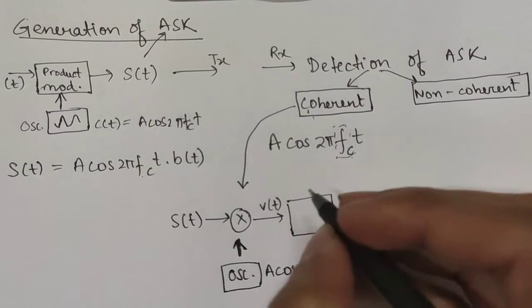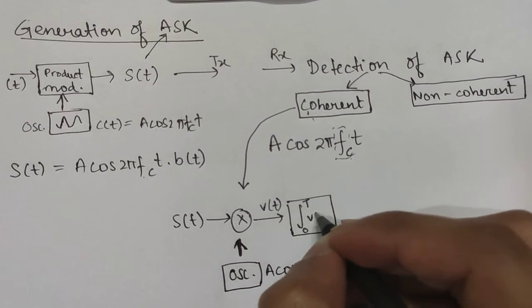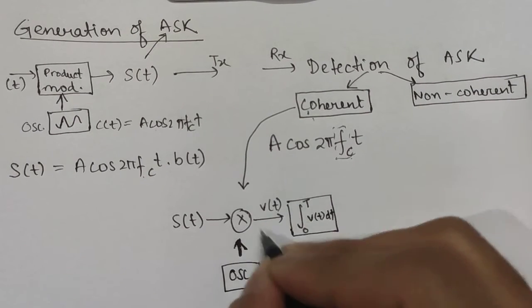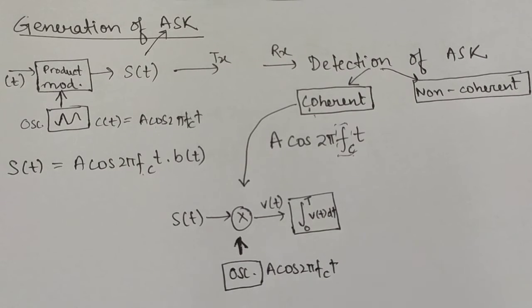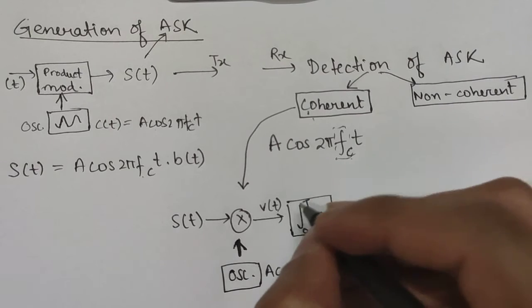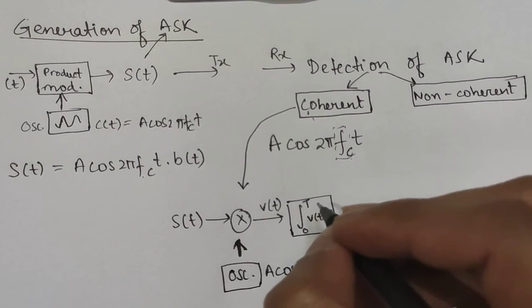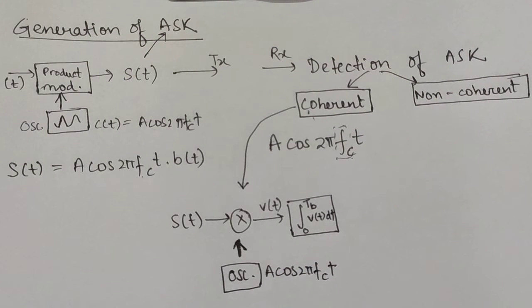This output is passed to an integrator, which is going to integrate it. It is going to sum up all the data. This integration is performed for 1 bit duration, that is TB.